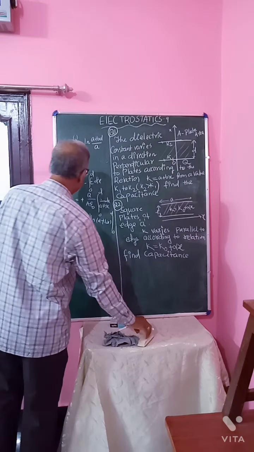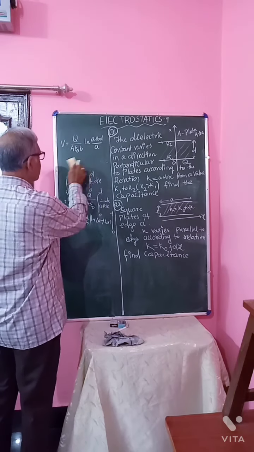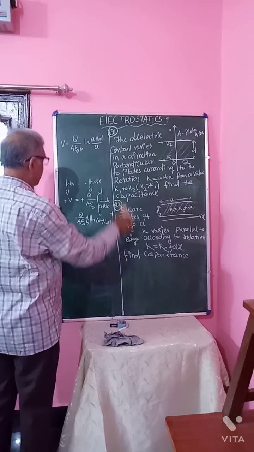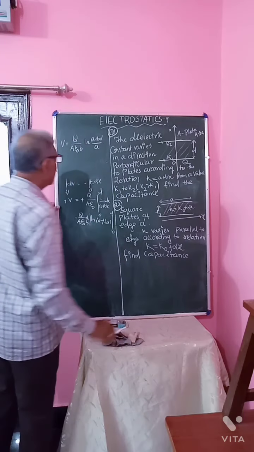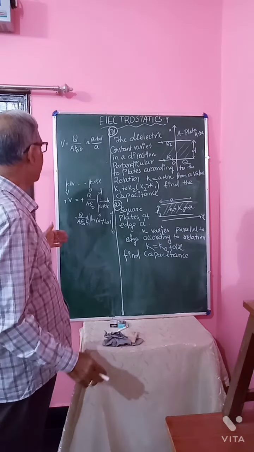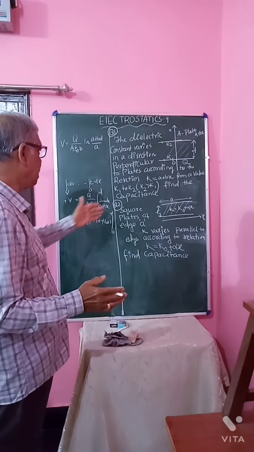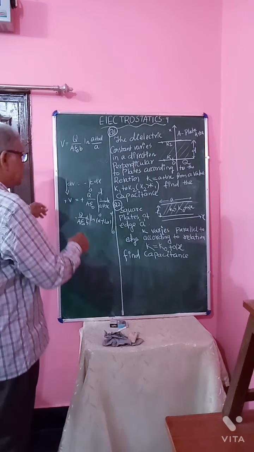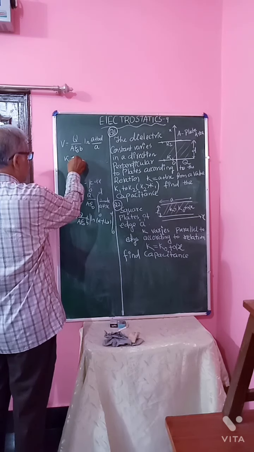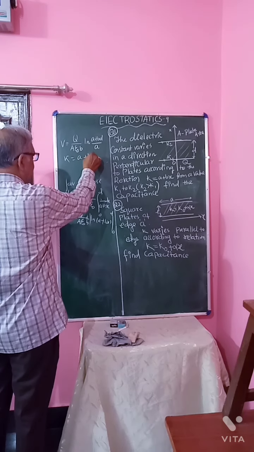Now this is the potential difference. We can find out the constants A and B in terms of the values K1 and K2, because K, as you know, equal to A plus Bx.